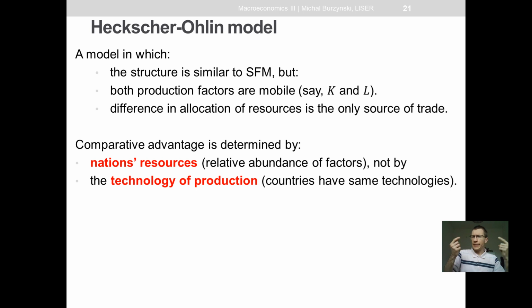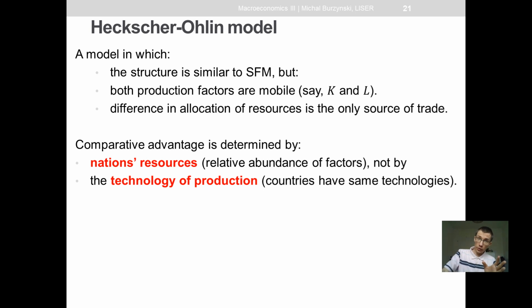As you remember, the technology of production was the motivation for comparative advantage in the Ricardian model. So there we had this matrix of the labor inputs for both countries and for both goods, and countries which had comparative advantage in the technology of production of goods traded those goods on the international goods market.